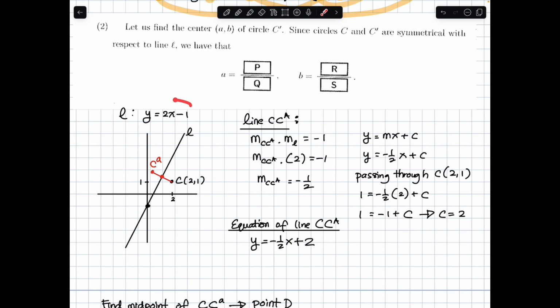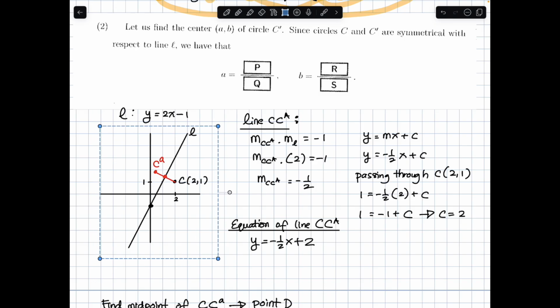They already give us L, y equals 2x minus 1. It means the y-intercept is 1 here, and the gradient is 2, that is, 2 for the rise and 1 for the run, so the gradient is 2 divided by 1.